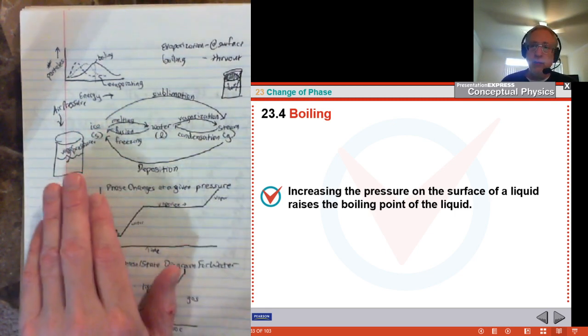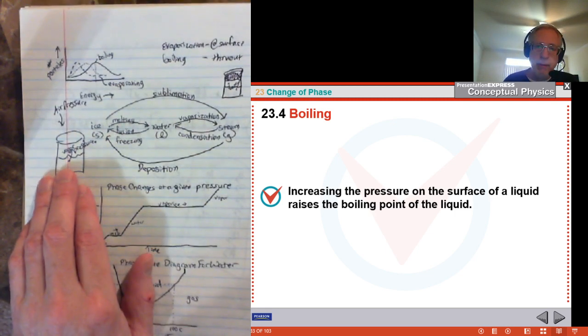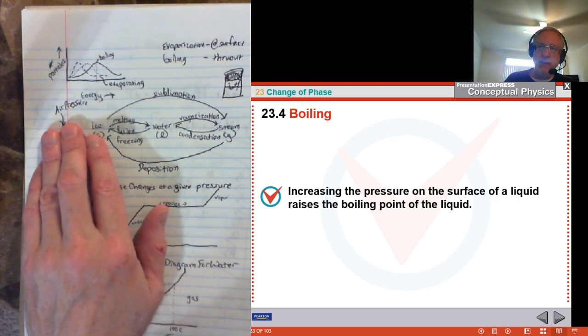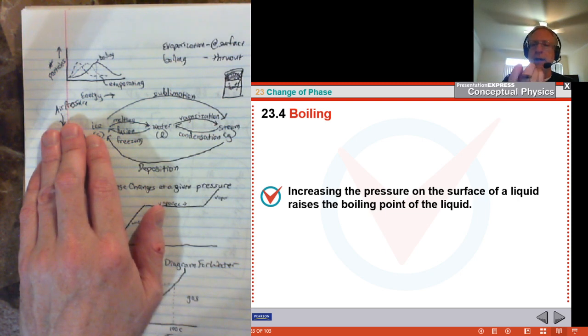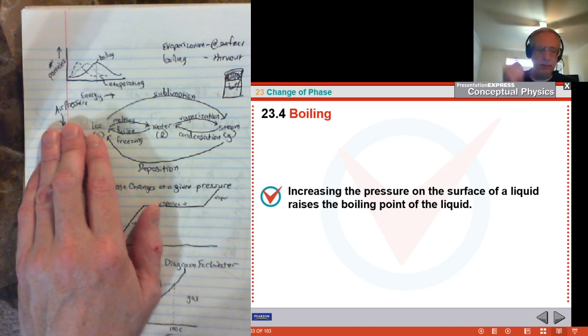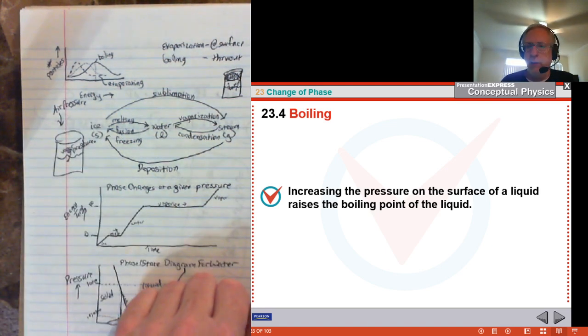The amount of heat you put into something will determine what the vapor pressure is. The more heat you put in, the higher the vapor pressure, and the air pressure basically stays the same. So if you take liquid water and heat it up, until you've heated it enough to get the vapor pressure high enough, it won't boil. When you've heated it to 100 degrees, it boils because now the vapor pressure and the air pressure are equal.